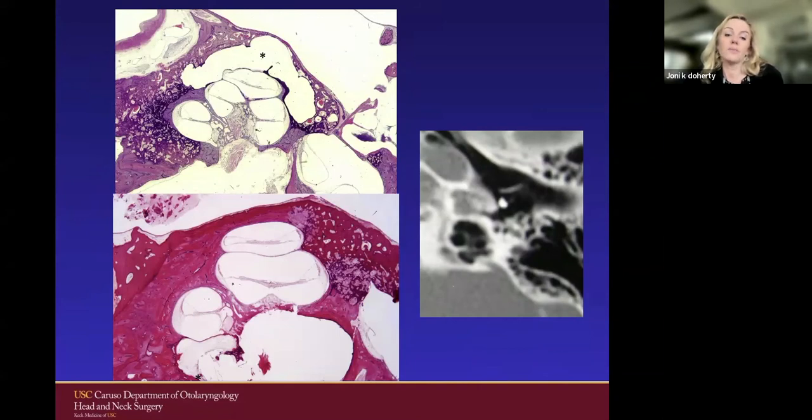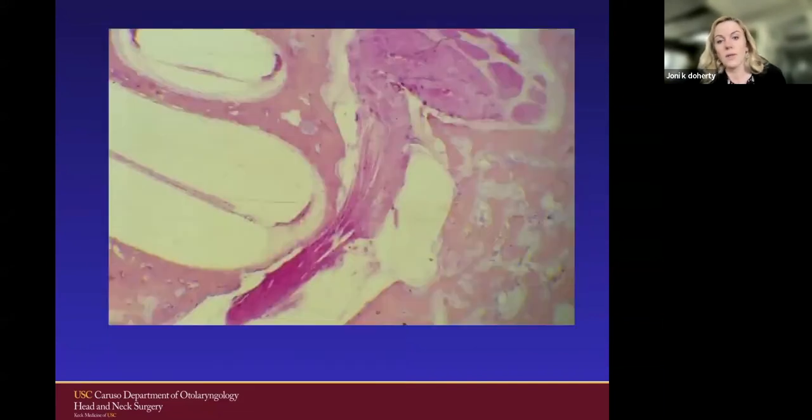And this is one of the reasons why patients with severe cochlear otosclerosis who get cochlear implants have issues with cross stimulation, sometimes of the facial nerve, because of this porous bone and the close proximity of the facial nerve in the labyrinthine segment to the cochlea. And this is an example of that. So this is the portion of the cochlea with the facial nerve path and the geniculate ganglion here.